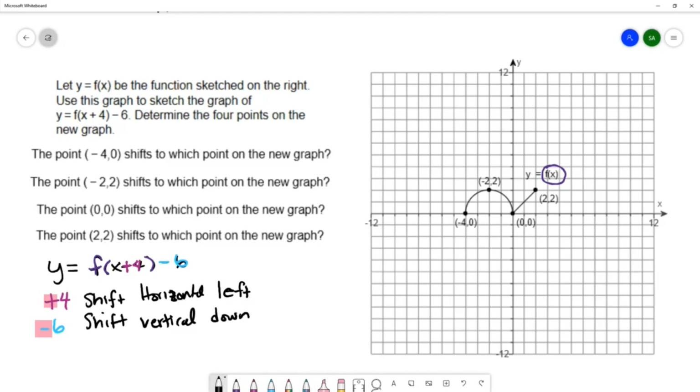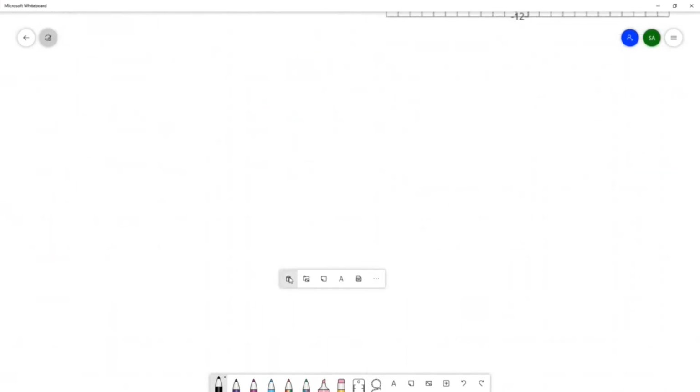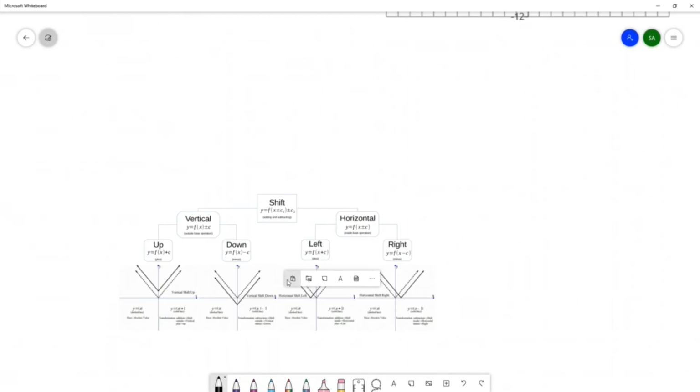Now, if this is information that you don't know, it's because you have to have this kind of stuff memorized. So let me give you a quick glance at the information that you have to have memorized, and that's where I've gotten this from. I'm going to go off screen for a second so you can see this picture.